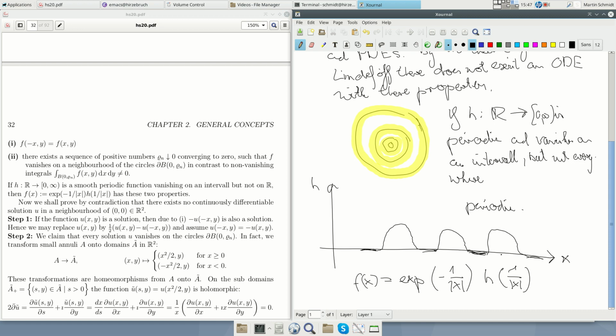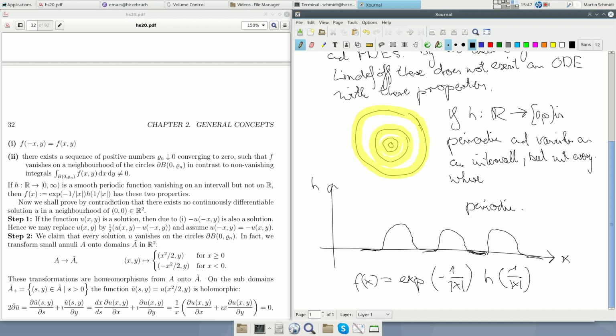We can look at the values n times some value, then we always get the same values in the first period. So these intervals accumulate; if we take the inverse, they accumulate nearby 0.